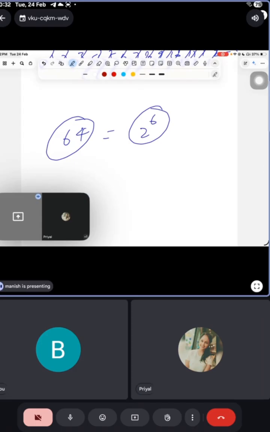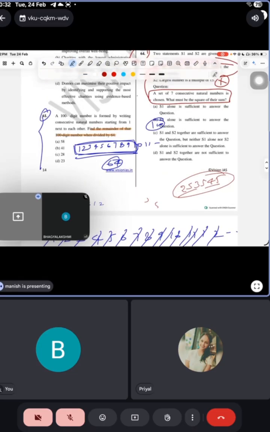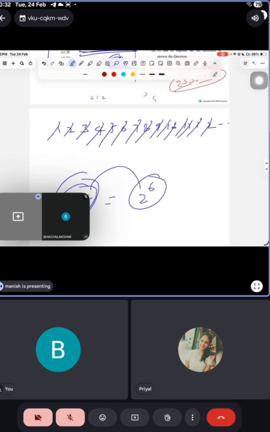It means if the last 6 digits are divisible by 64, then the whole number is divisible by 64, and then we will find the remainder. So first we have to find what those last 6 digits are. We have to arrange the bigger program actually.